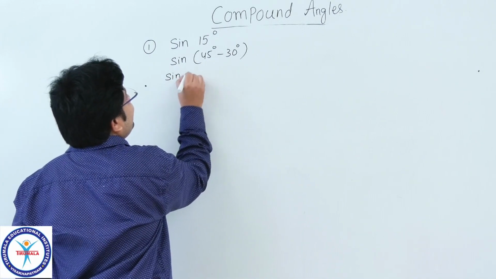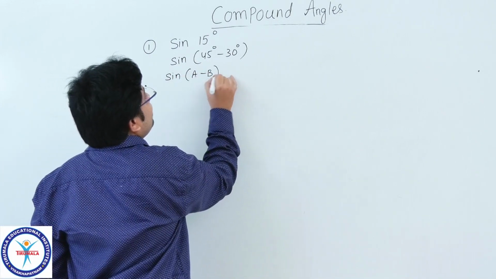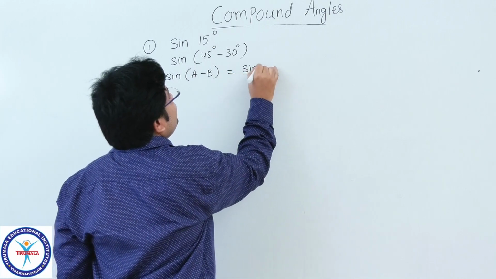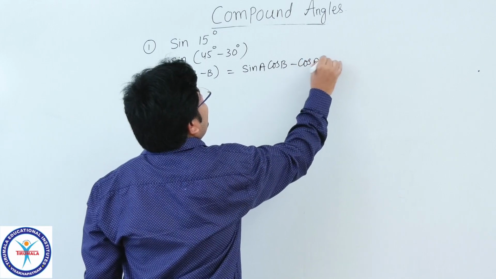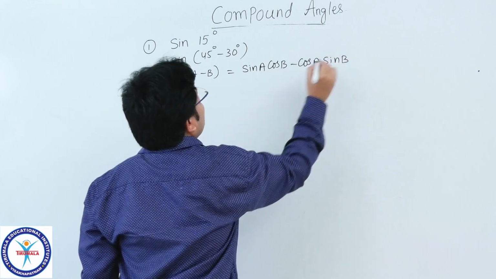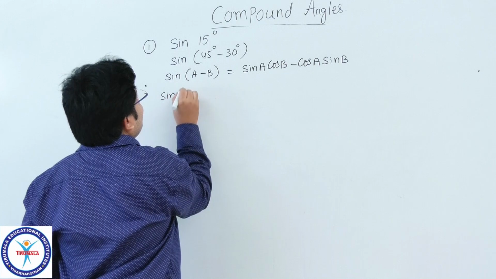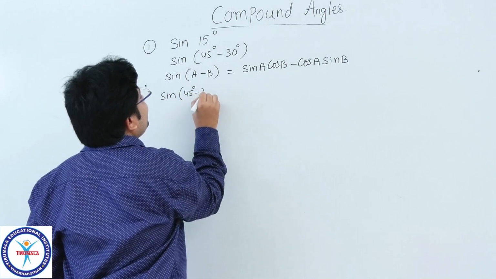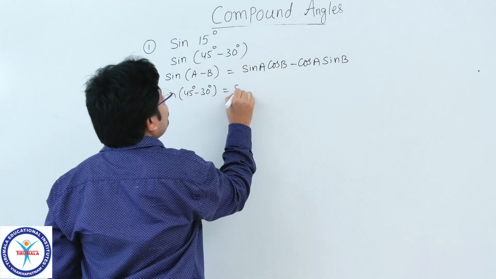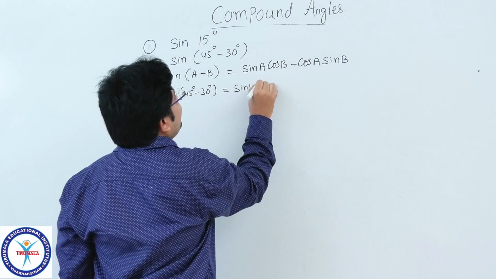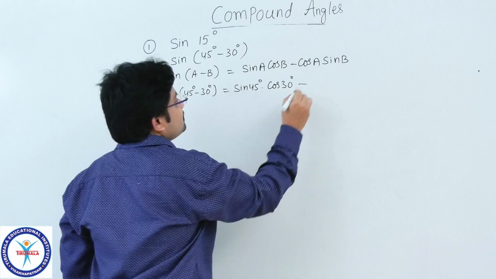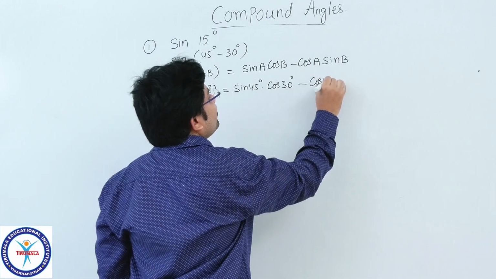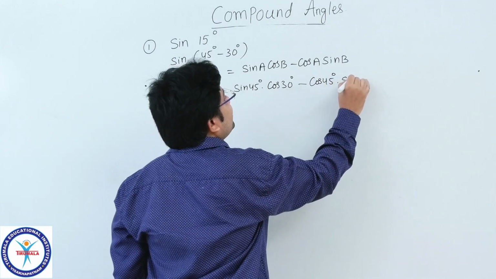What is sin(a-b)? Sin(a-b) is equal to sin a cos b minus cos a sin b. That is, sin(45 degrees minus 30 degrees) is equal to sin 45 degrees into cos 30 degrees minus cos 45 degrees into sin 30 degrees.